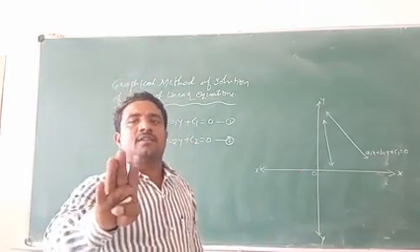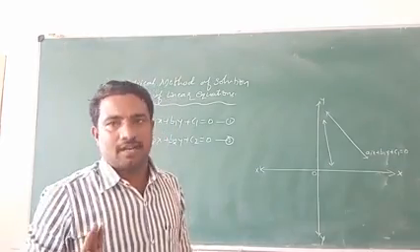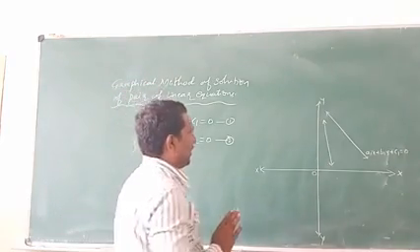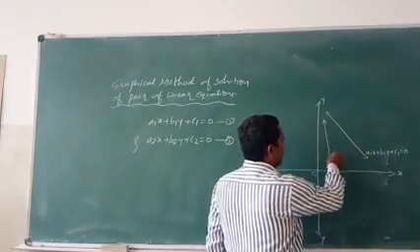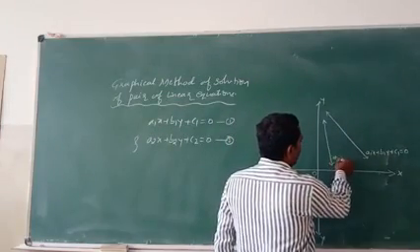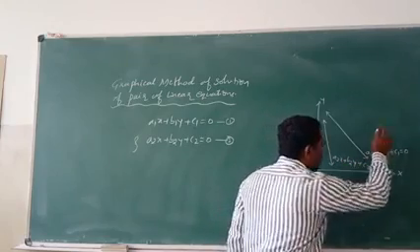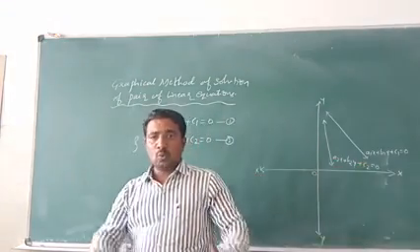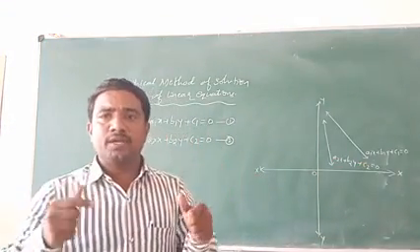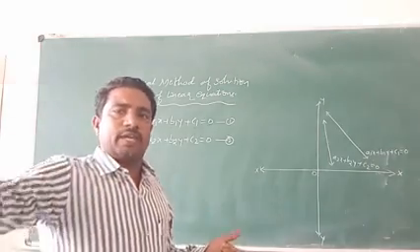That is the graphical nature of the straight lines. We call it equation number 2: a2x + b2y + c2 = 0. These are the given two linear equations in two variables.